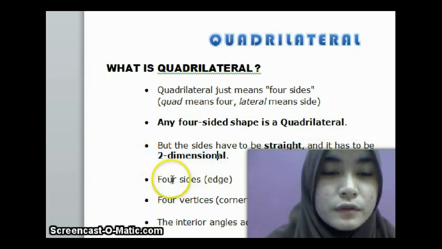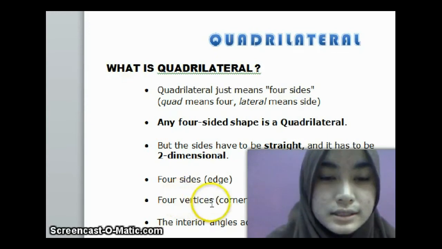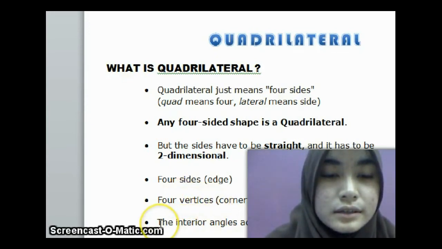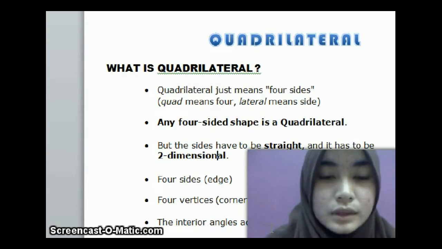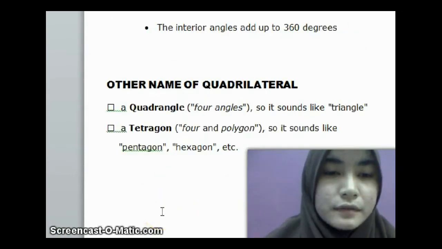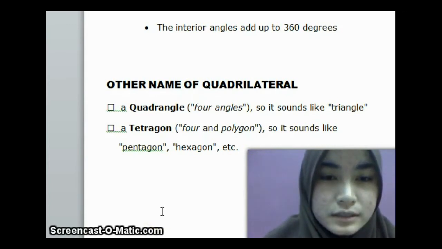It has four sides and four vertices. The interior angles add up to 360 degrees, which means when we add up all the quadrilateral angles, it will total to 360 degrees.